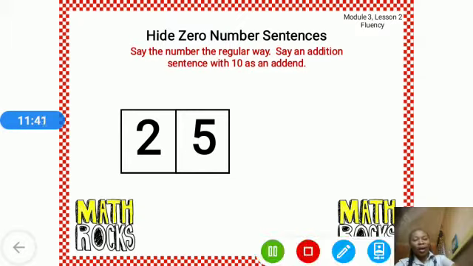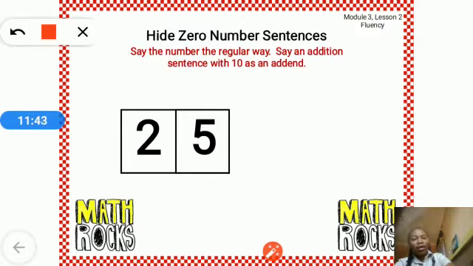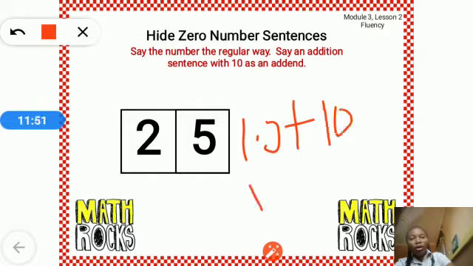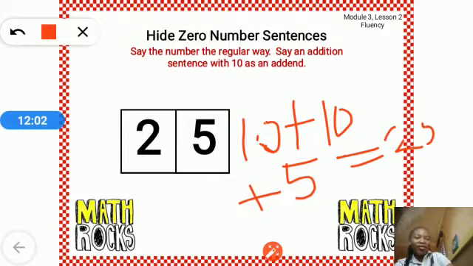Let me pick my pen. 10 plus 10 plus 5, which is what? 25.